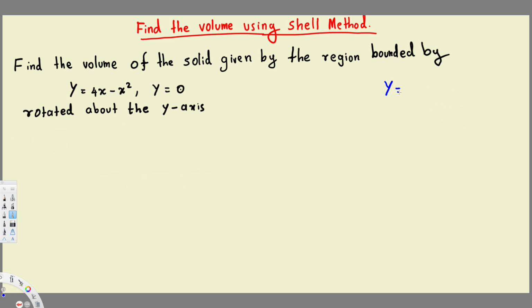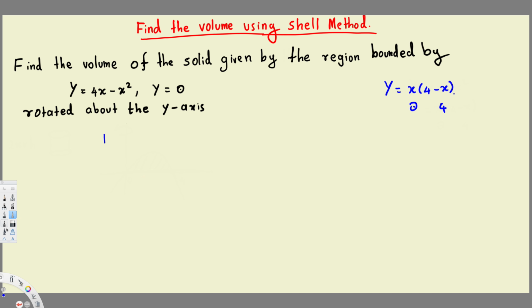So y is equal to 4x minus x square. We can take the x common, so this is going to be x times 4 minus x. So we know that the parabola is going to intersect at x is equal to 0 and x is equal to 4.